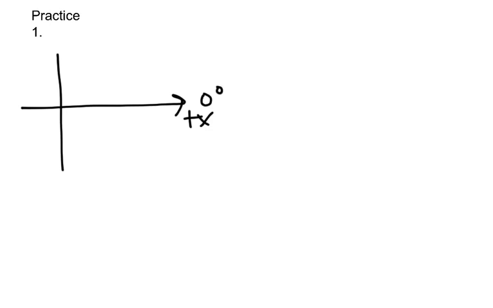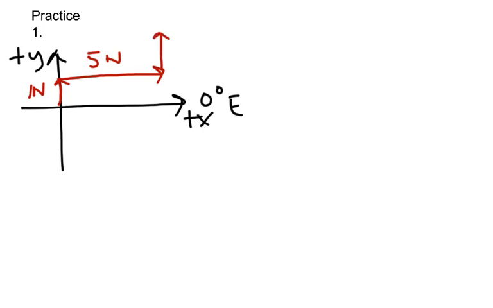Now, I have a couple practice problems I want you to do. I want you to work on this, show your work on a piece of paper, and we're going to turn this in the next time we meet. For practice, number 1, I will have a normal axis here, plus x, or 0 degrees, or east, plus y. Someone will apply a force of 1 newton north, then they apply a force of 5 newtons east, and then they apply a force of 2 newtons north.